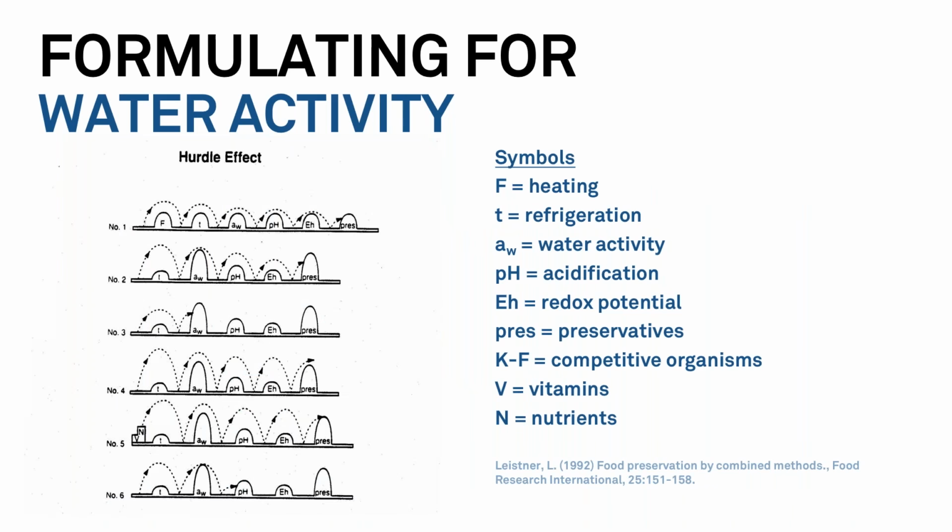So here is a demonstration of the hurdle effect and what each of these hurdles are. If you look at 1, 2, and 5, you'll see that this particular microbe is able to overcome everything, and the last thing they have to do is add a preservative, and that's what it's going to take to stop that microbial growth.